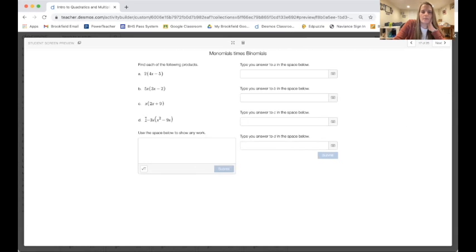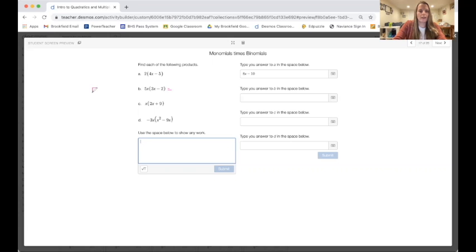So here we've got a monomial times a binomial. The first one should be fairly simple. We're just using the distributive property. You shouldn't even really need to show work there. That would be 8x minus 10. In the second one, I'm going to show some work. I do suggest that you type your work in the space below, but for right now, I'm just going to do this to show you.